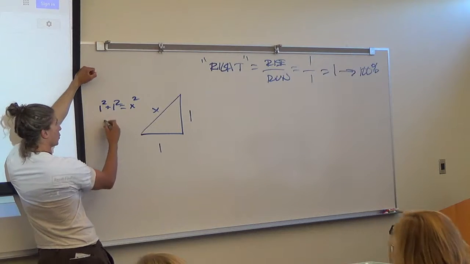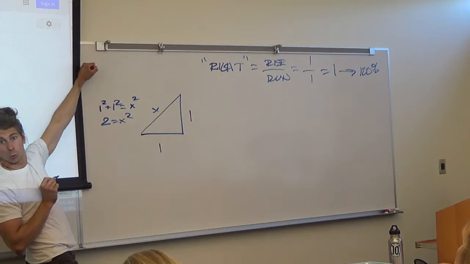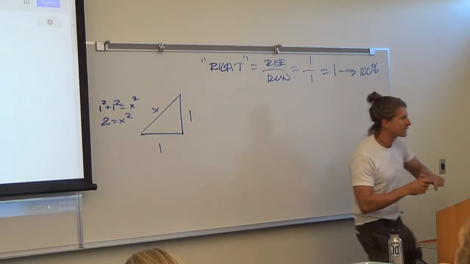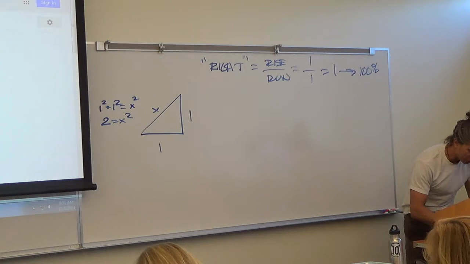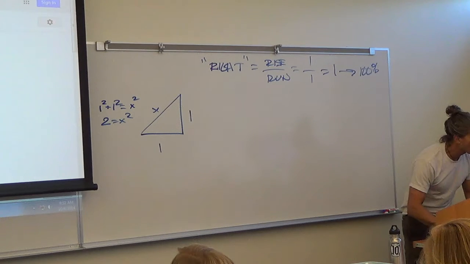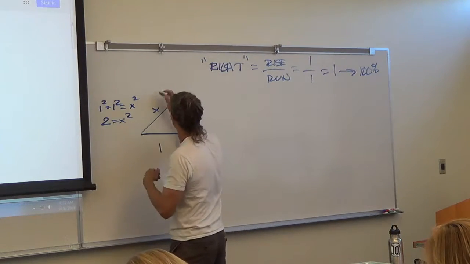That's 2 equals x squared. So it's the square root of 2, which is about 1.4 and some change. Let me check using Google. Yeah, 1.41-ish, somewhere in there.